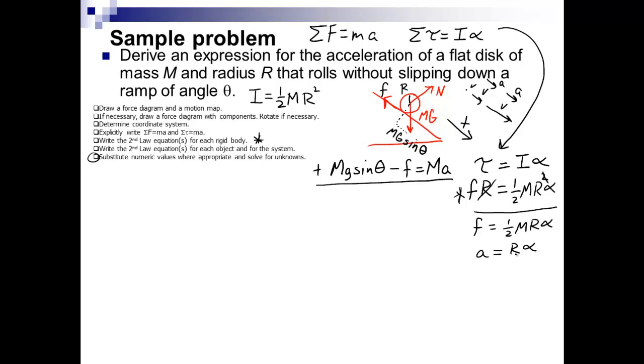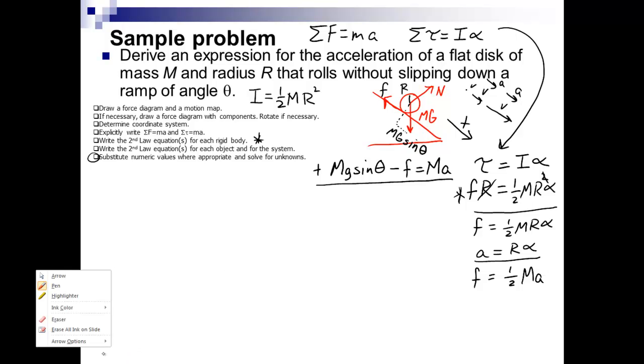Now this is an important equation to know because I can plug that into r alpha and I get the equation F is equal to 1/2 ma. Over on this other side, let me choose a different colored pen.